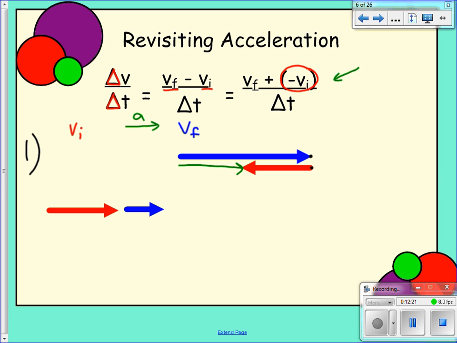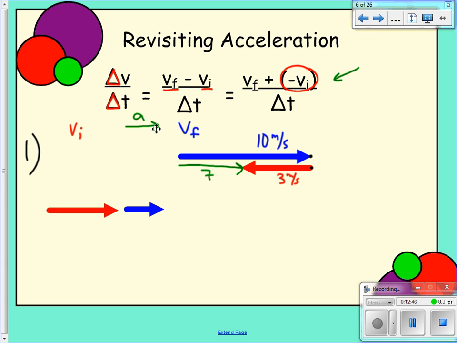And this makes a lot more sense if we actually give numbers. So let's say the blue vector was 10 meters per second, where the red vector was 3 meters per second. So we could see my resultant vector would be 7 based off of math. We were subtracting because the arrows are facing opposite directions. Okay, so we were able to prove that the acceleration points to the right.